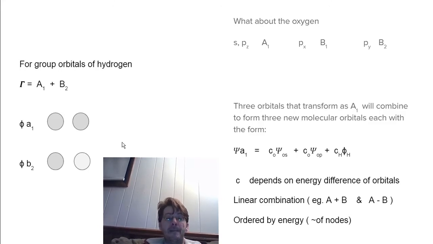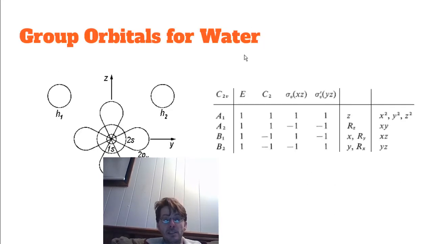Now, what's going to happen here is that now that we know the symmetry species for these two different groups, this is the two different ways you can arrange those hydrogen orbitals. Right? We can then compare it to the oxygen. For the oxygen, it's on the origin, it's on the principal axis, and so it transforms like the character table.